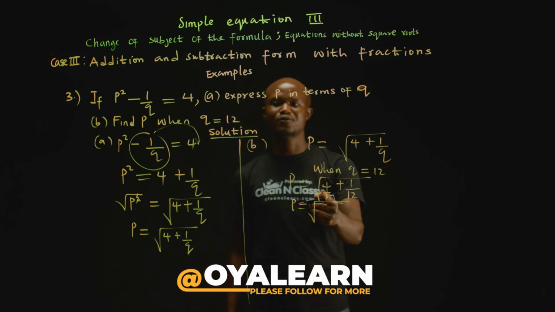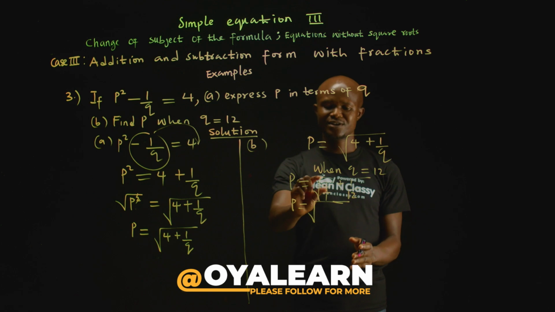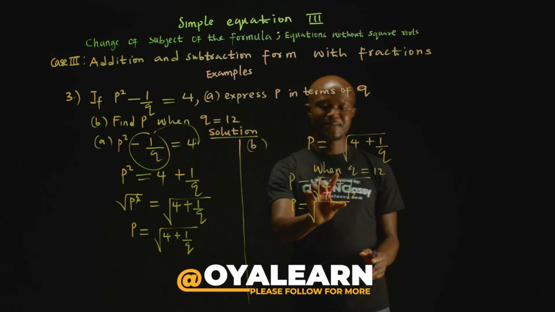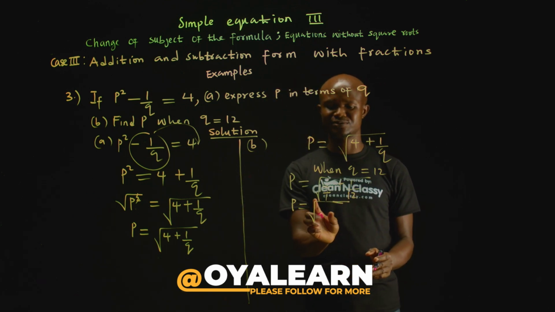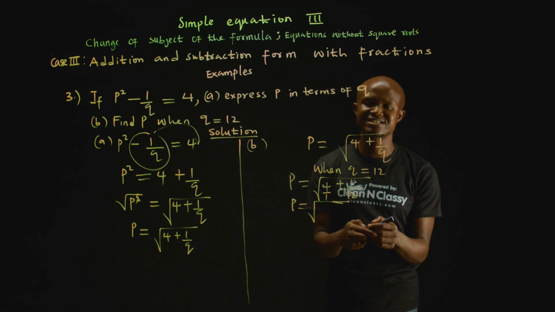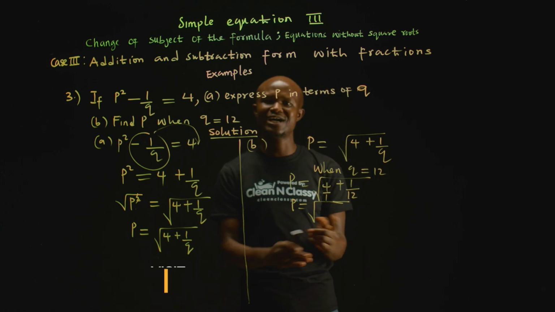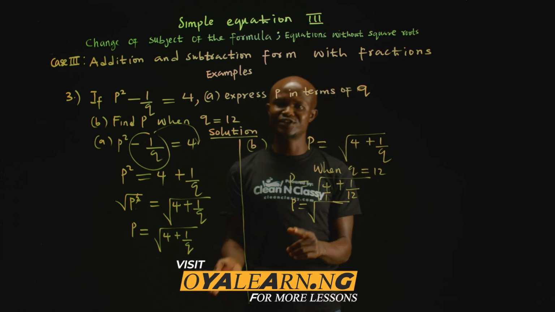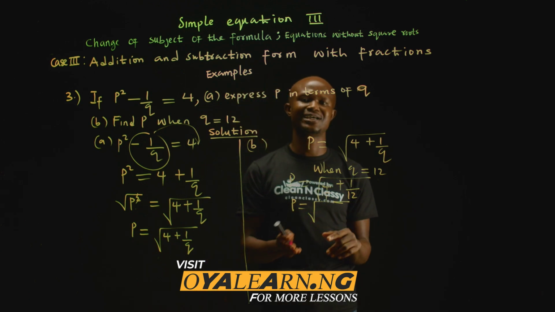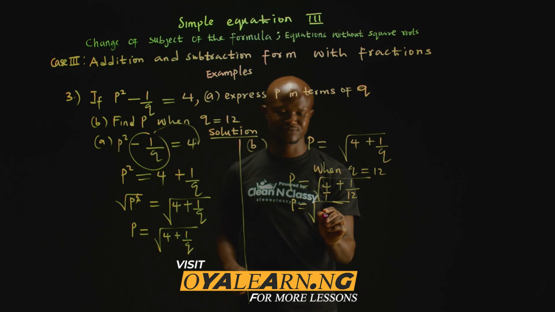The LCM of 1 and 12. Because we're having a fraction now. 4 over 1 is a fraction here. 1 over 12 is a fraction. So for us to simplify this, what is the LCM of the denominators? Since we're having 1 and another number, the product of the two numbers will form the LCM. The LCM of 1 and 12 now is going to be 12.